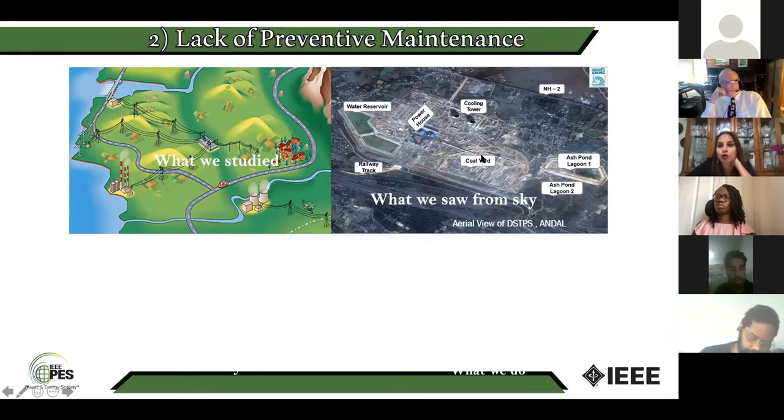And then there's a coal yard where the coal is stacked to be blended and fed, or in times of emergency, we need to have a stock. On a particular day, a 1,000 megawatt power plant can consume 14,000 metric tons of coal, which is quite huge. And this is the ash pond.